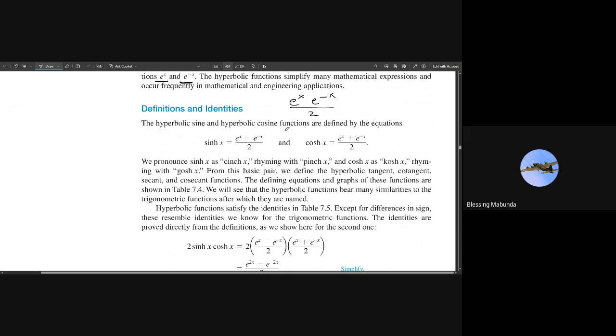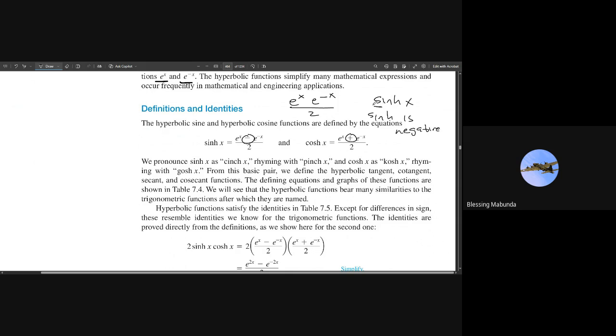So you may wonder how you can remember which is which. Right, so for sinh, you can think of it as sine, or sinh, right? Sinh is negative.